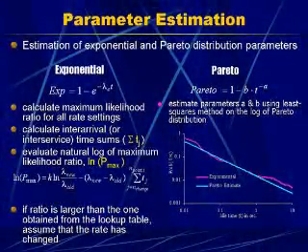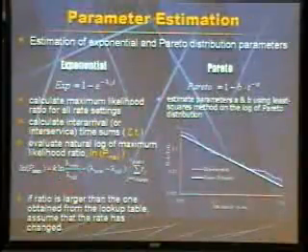For the exponential estimator, we use maximum likelihood. The maximum likelihood equation looks ugly, but it's actually fairly simple. What it says is, I have some rate that my data was coming in at. So imagine video. It was coming in at 15 frames a second, and that was my old rate.